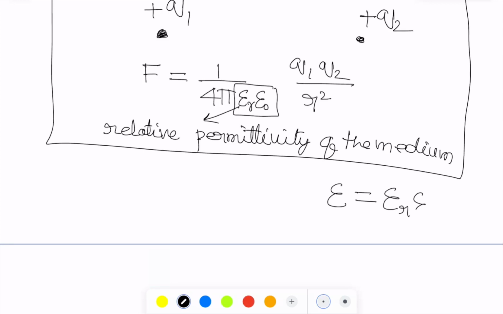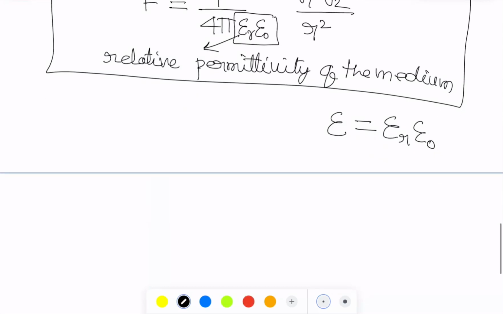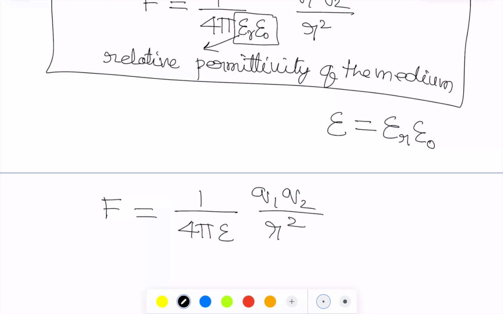Suppose you keep the same charges Q1 and Q2 in a different medium with the same distance. Then the force is found to be inversely proportional to epsilon r, as all the rest are constants.